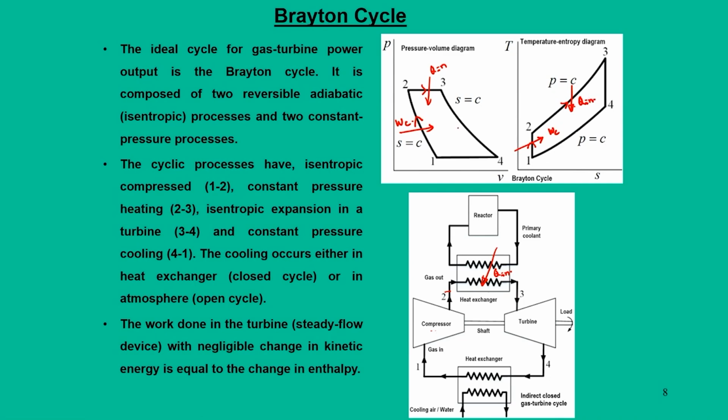Now, the turbine process is denoted by 3 4, and this is an isentropic process, that is a constant entropy process, and finally the heat rejection process takes place at constant pressure.